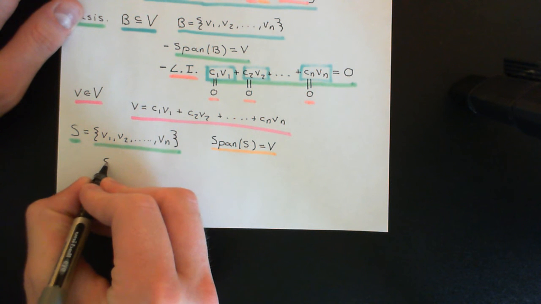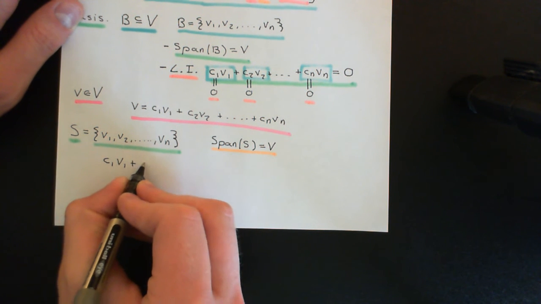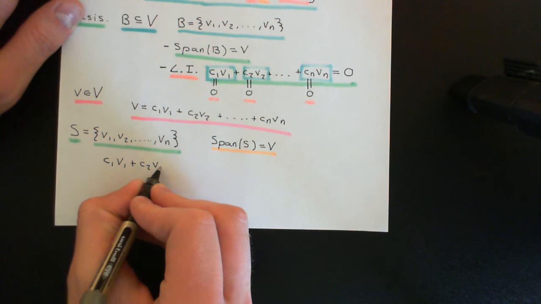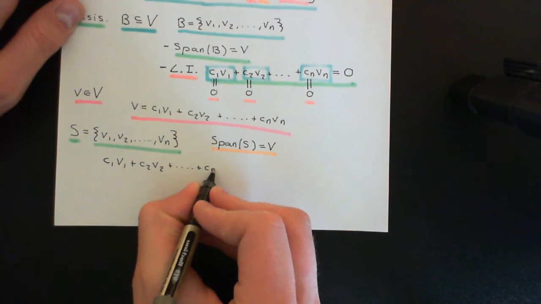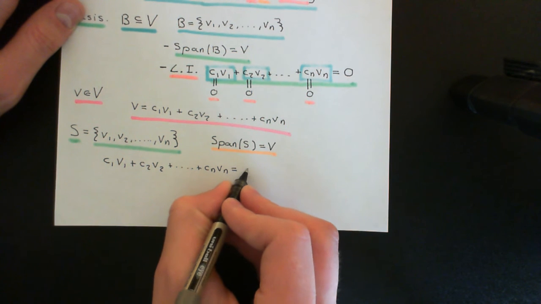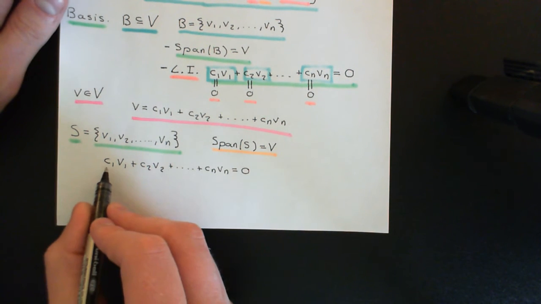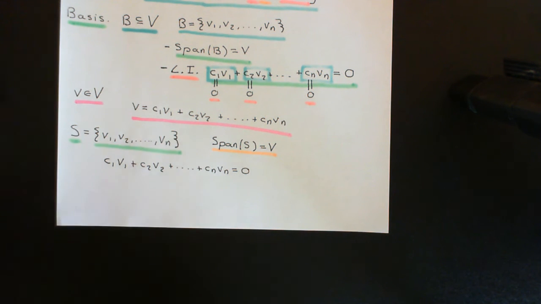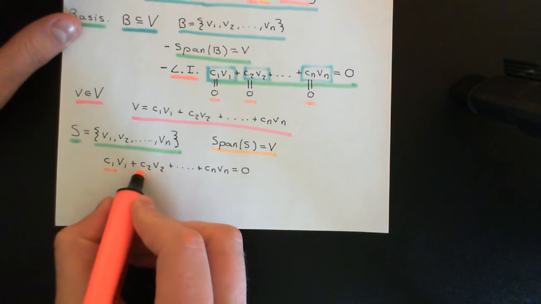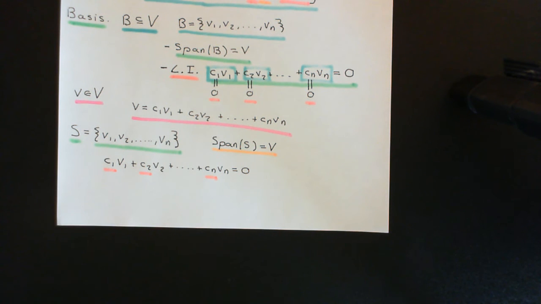So what's going to exist then is a non-trivial linear combination, c1 v1 plus c2 v2 plus all the way up to cn vn, which is equal to the zero vector, where not all of the ci's are actually going to be zero. At least some of them are going to be non-zero, so that this is a non-trivial linear combination of these n vectors which gives the zero vector.